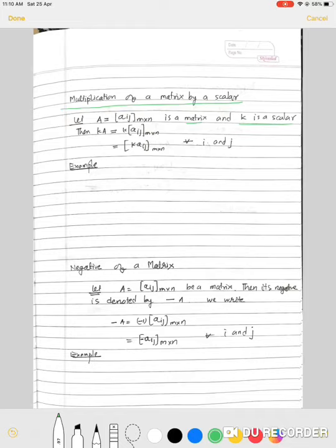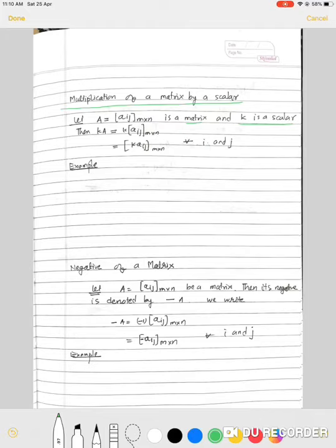Then kA is also a matrix, where kA = [k Aij] m cross n for all i and j. It means that whenever we multiply a matrix by any real number, each and every element of the given matrix is multiplied by that number.